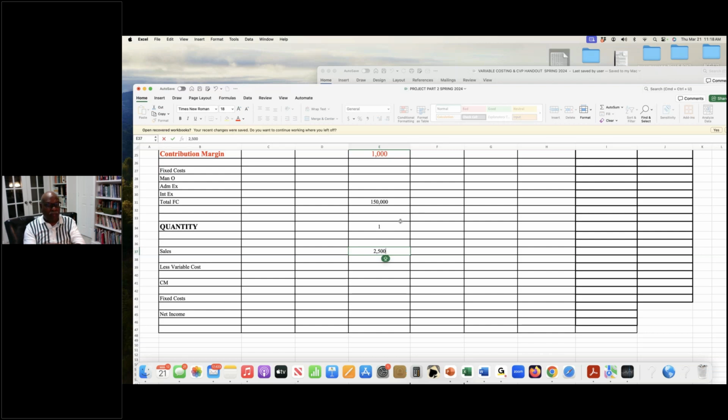The variable cost is 1,500 as we prove our quantity. So the contribution margin is 1,000. And if our fixed costs are 150,000, if we sell just one item, we would have a loss of 149,000.